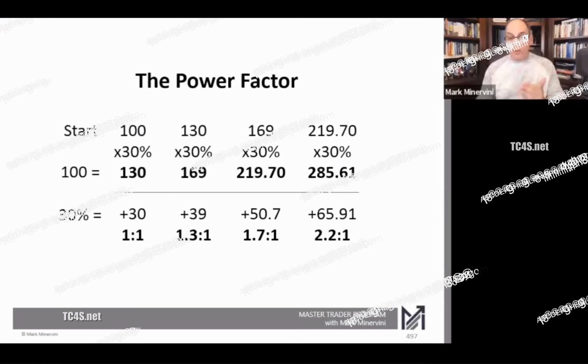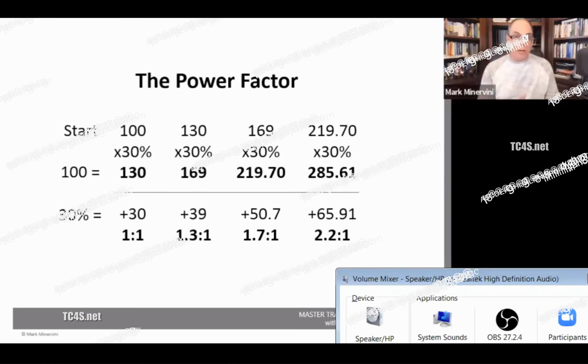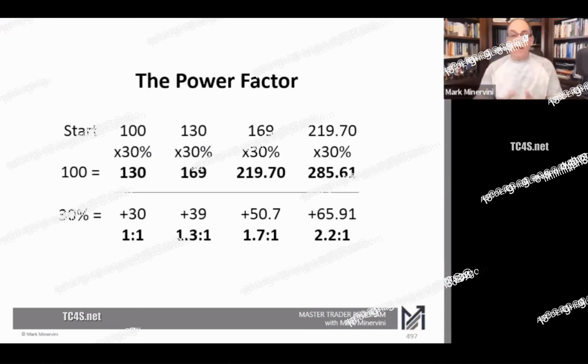So now when you have $169, or $169,000 from $100,000, well, now you get another trade, we'll call it another year, 30% return. You put 30% on top of that, it's 1.7 times, because that 30% actually equates to 50.7% on your original $100, or your 100 basis. You're starting at your basis of 100, and move it up again, and now it's 2.2 times. You're getting 65.91, and on and on and on.